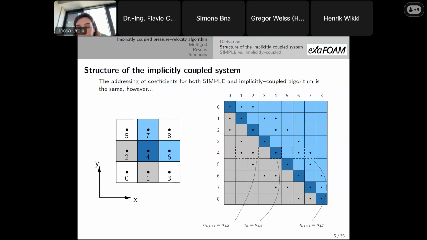The same holds for both SIMPLE and the implicitly coupled algorithm, but in the SIMPLE algorithm, in 3D simulations, you will have 4 of these matrices where these dots will be numbers, so matrix elements represented by scalar values. With the implicitly coupled algorithm, these little dots will be matrices themselves. Next slide, please.